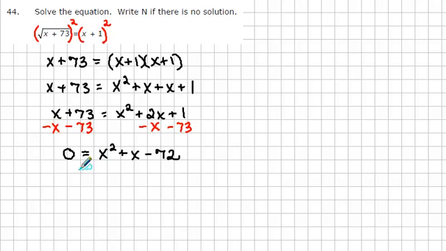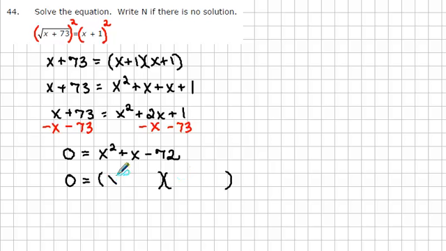Now that we have 0 on one side, we factor the right side, which means that we want to write the polynomial as a product of two factors. So we're in essence doing foiling in reverse. We want to think of the two first terms that multiply together to give us x squared.